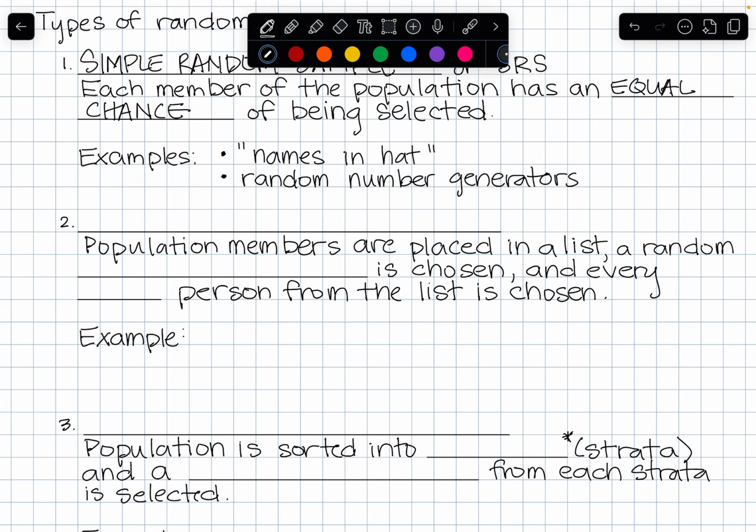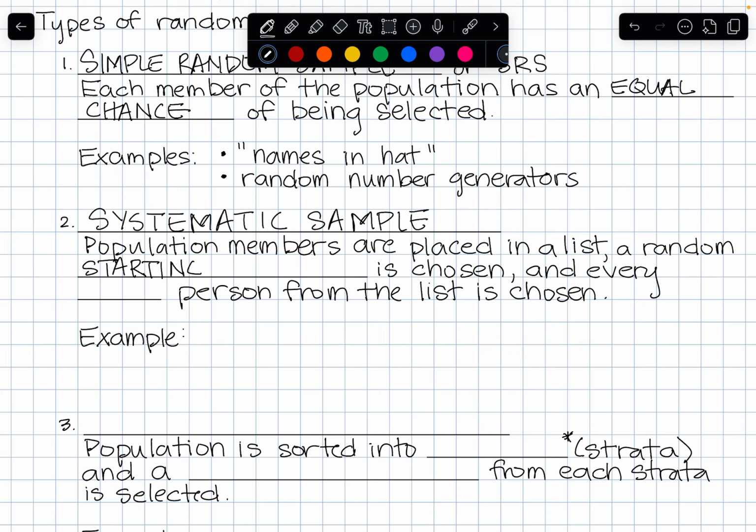The next type of sampling method is called a systematic sample. For a systematic sample, the population members are placed in a list, and then a random starting point from that list is chosen.